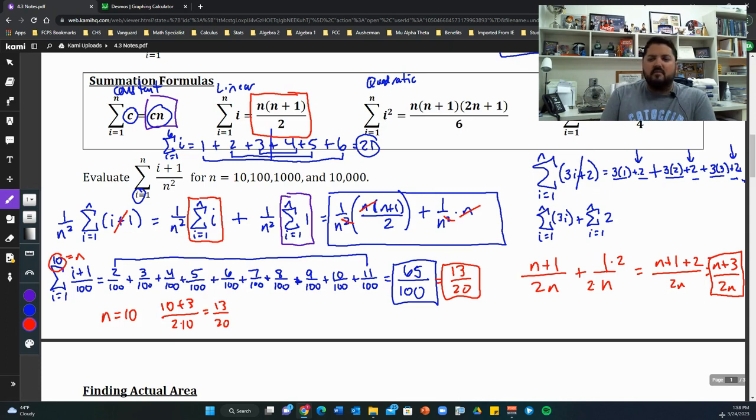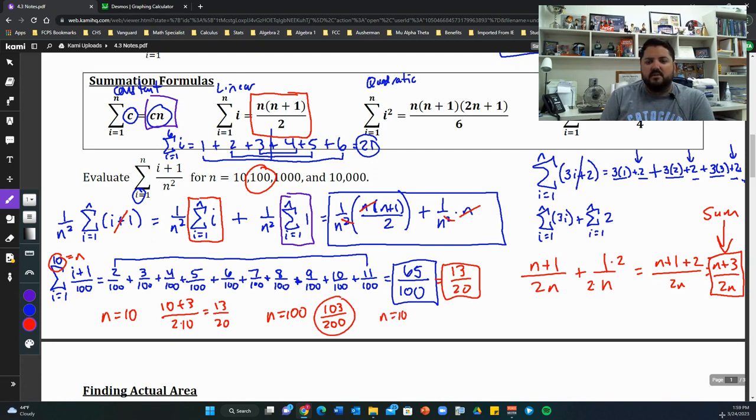So now that I have this formula right here that gives me the sum for the first n terms in this series, if I wanted to up the n value to something bigger, like 100, I don't need to sit here and expand and write out the first 100 numbers, because this is my shortcut formula. So when n equals 100, I would get 100 plus 3, or 103, over 2 times 100, or 103 over 200.